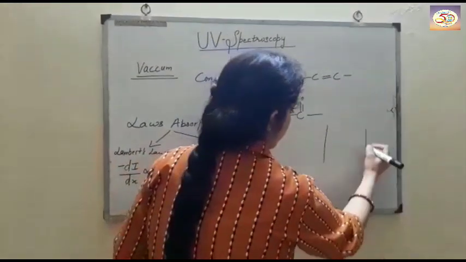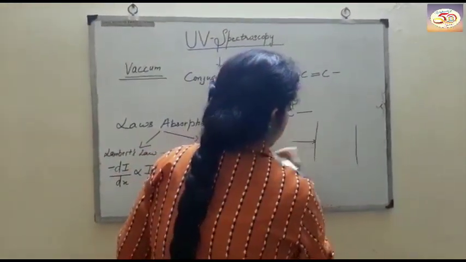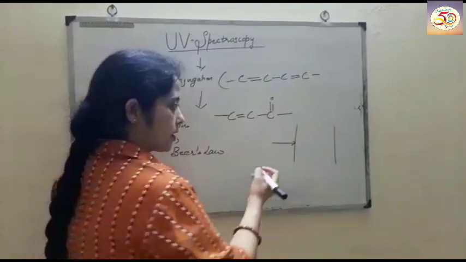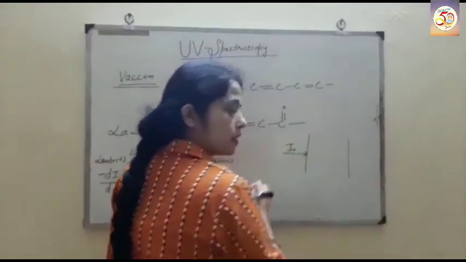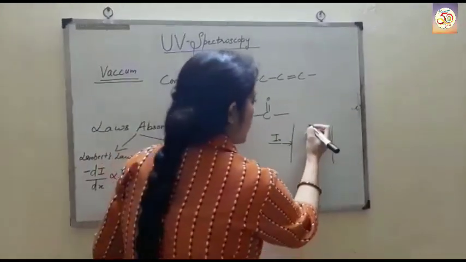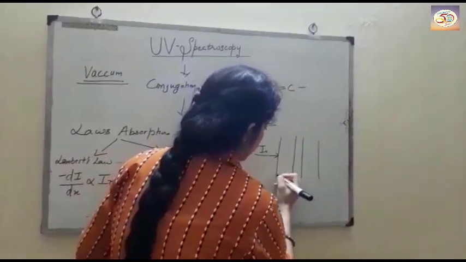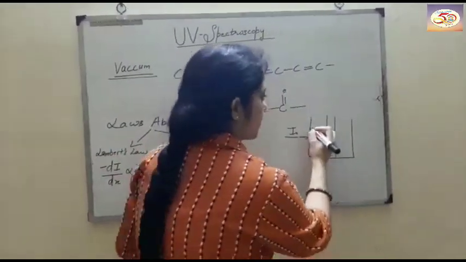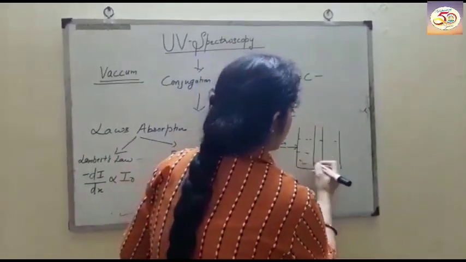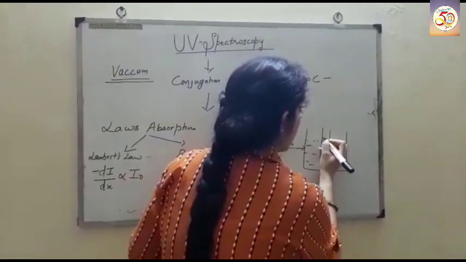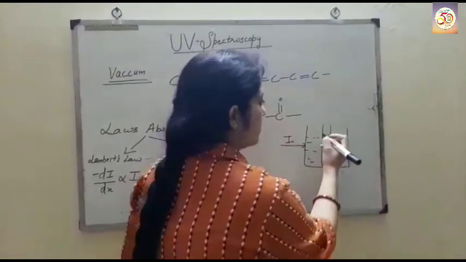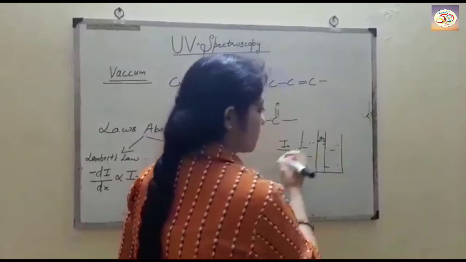Diagrammatically, first of all, we should be aware of what I naught is. I naught is the incident radiation, and this is our sample. We have selected a smallest portion of the sample, of thickness dx.